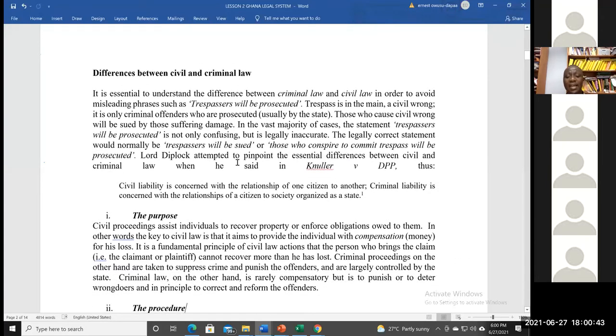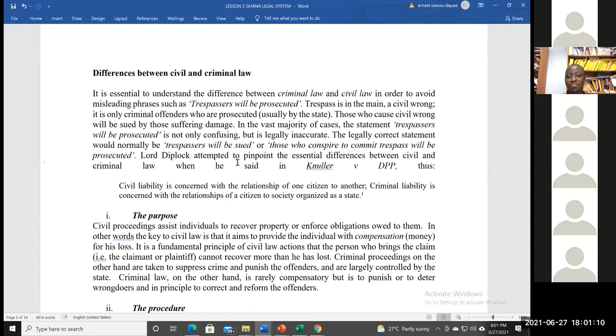But if you look at civil law, and for that matter civil proceedings, the purpose is to assist the individual to enforce his right against another individual, or against the state. Maybe you are to recover your property or enforce an obligation.